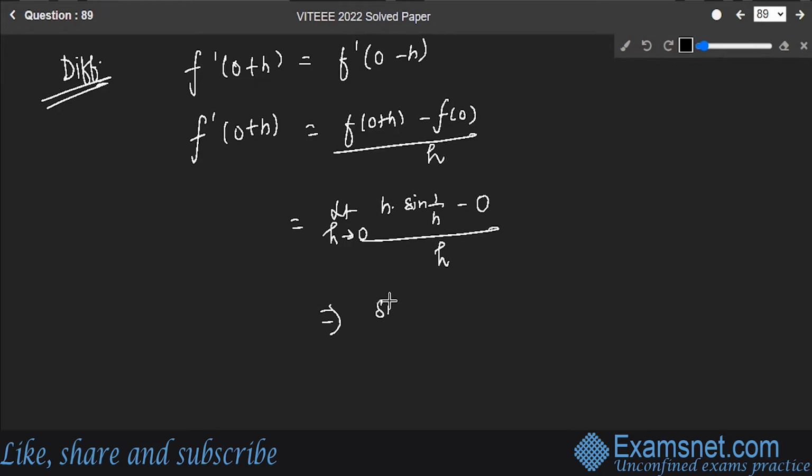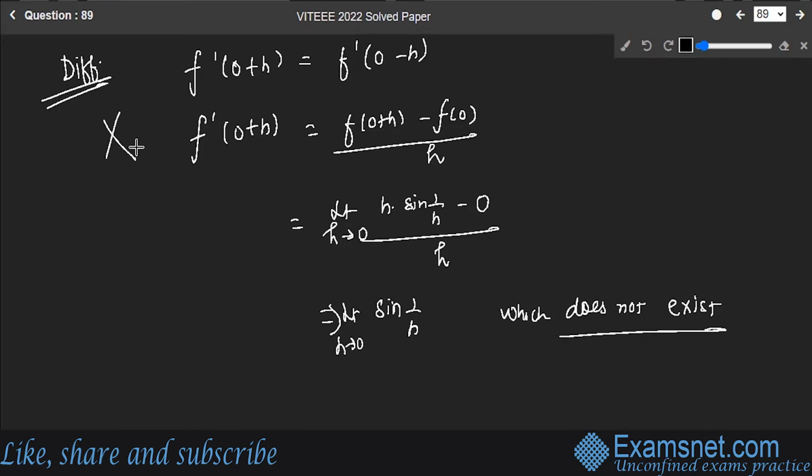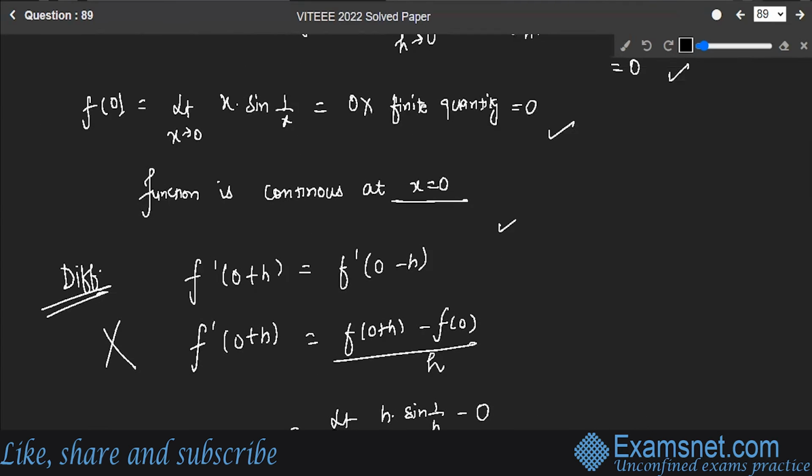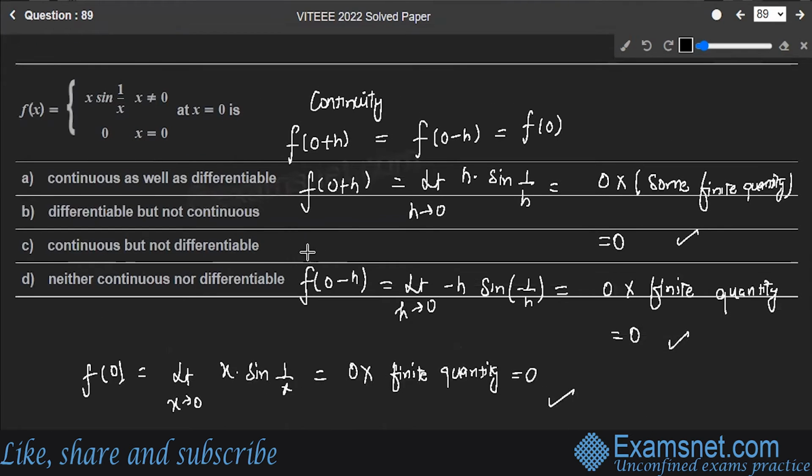This is equal to the limit as h approaches 0 of sine 1 by h, which does not exist, of course. That means the function is not differentiable. So it is continuous but not differentiable, which makes option C the correct answer. Hope you understood.